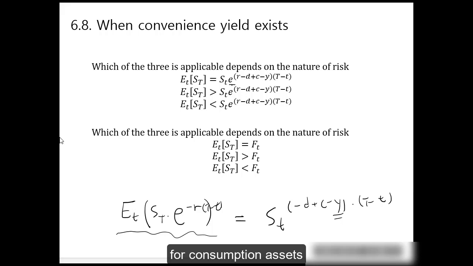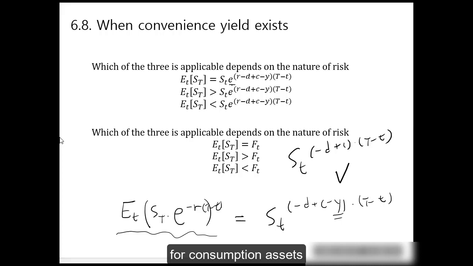All you can say is that without this convenience yield, then S_t minus D plus C, T minus t, this number is higher than this number, right?